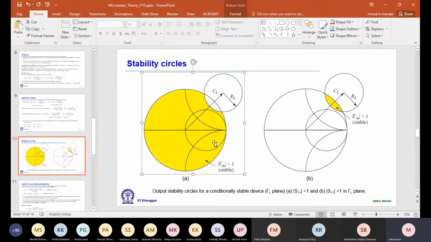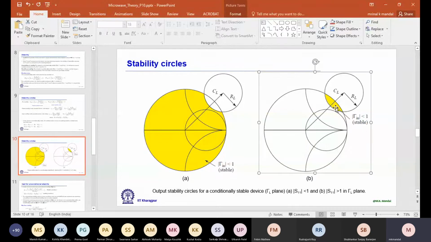Now which part will represent the solution for a stable configuration? Is it this part shown by this yellow marking here, or this common part shown by the yellow line here? Because we know that gamma in must be less than 1, but which part should I choose?